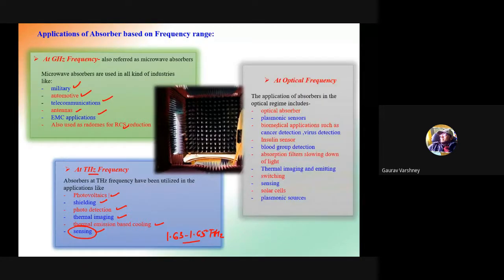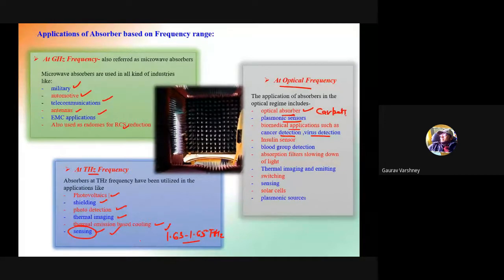Furthermore, if we see the optical spectrum, it also has potential applications like optical absorbers, carpets, and transparent or non-transparent sheets, and plasmonic sensors, as well as biomedical applications, cancer detection, and virus detection.